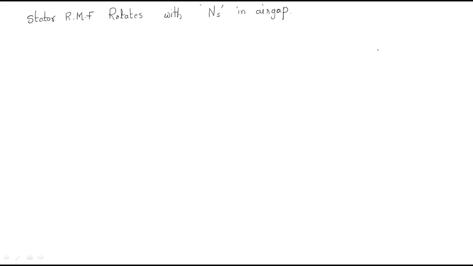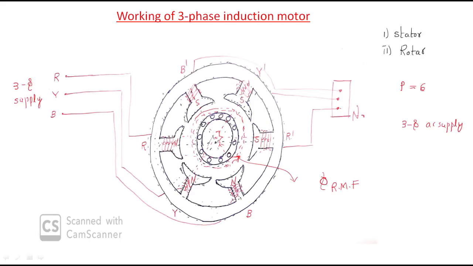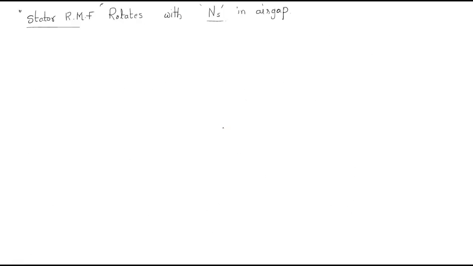So we have some space, and in that space it rotates. One flux is produced, the stator rotating magnetic field, and it rotates with the synchronous speed. Here the stator is constant and the rotor is constant. Only the flux is produced, and it rotates with the synchronous speed.